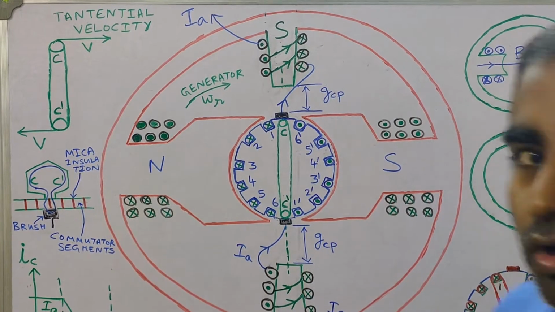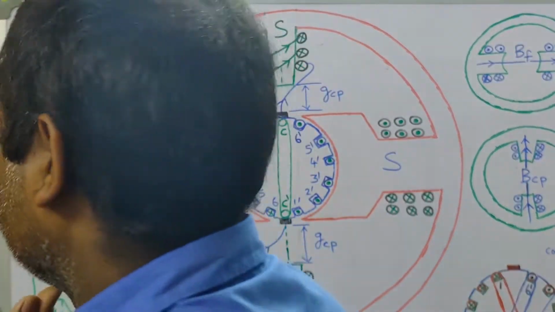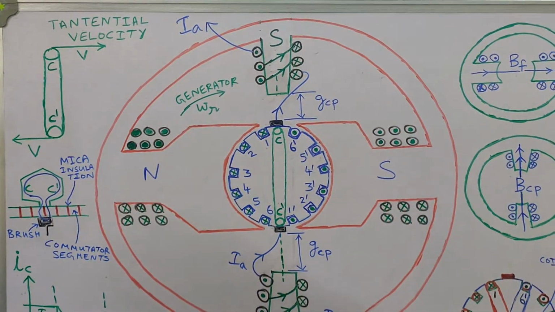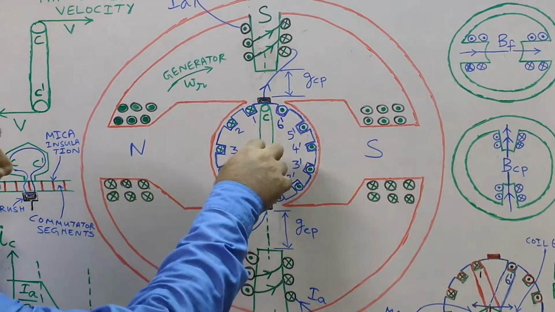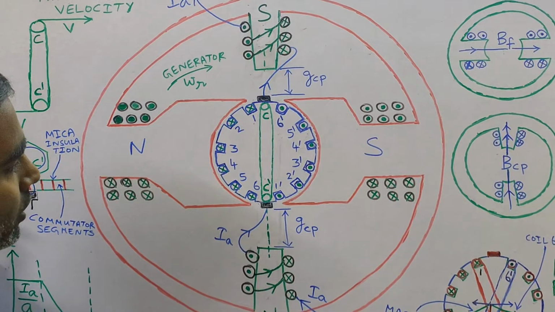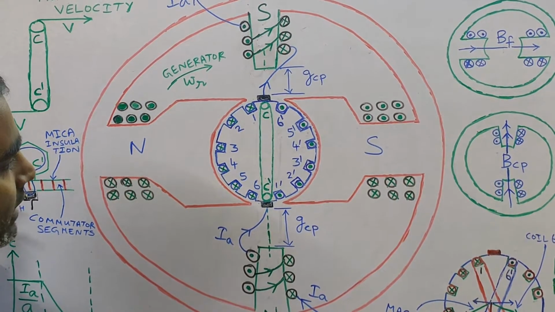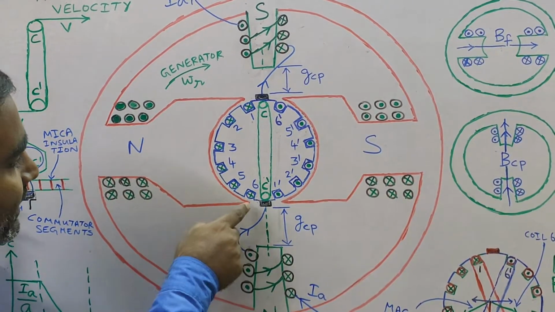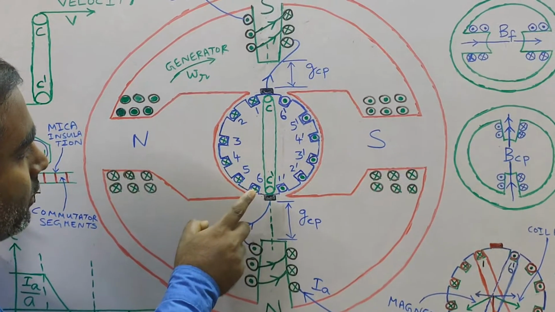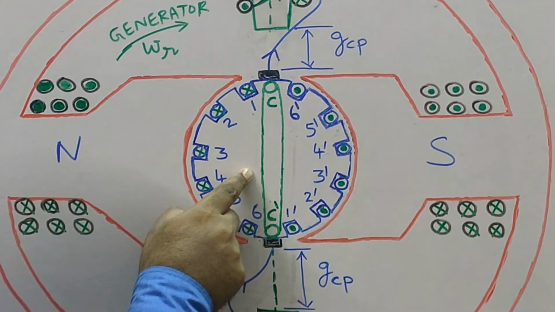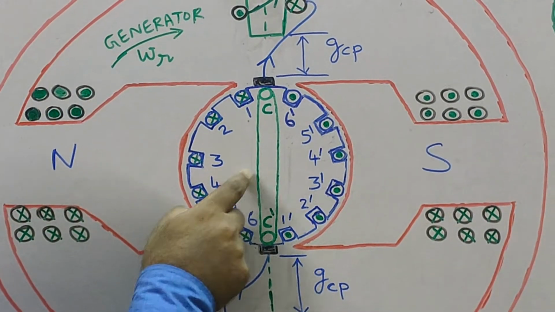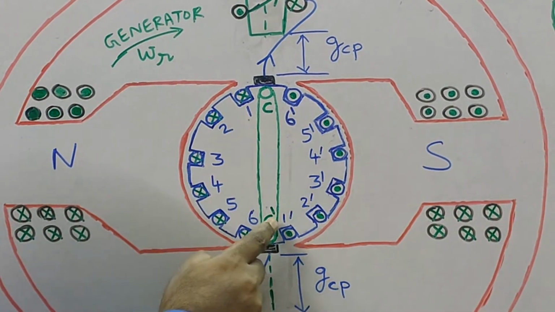Now in this armature core I have indicated 6 coils named 1 1 dash, 2 2 dash, 3 3 dash and so on. But you see there is another coil shown in green color, indicated as coil CC dash.